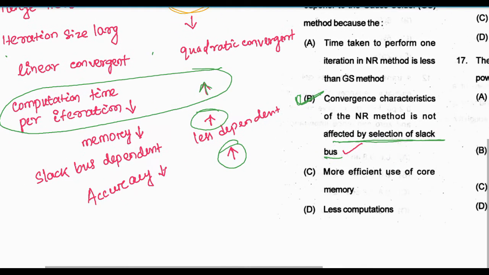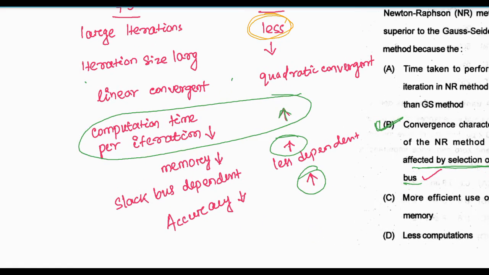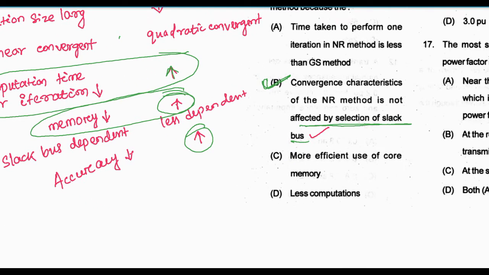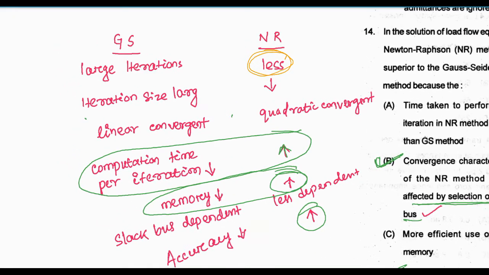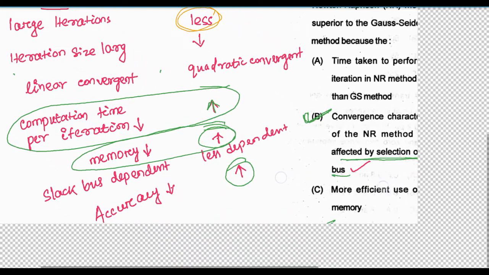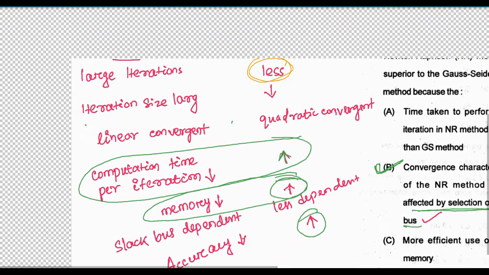And next is option C, more efficient use of core memory. Here I have already written that Gauss-Seidel method requires less memory than Newton-Raphson method, so Newton-Raphson method is not superior. Last is less computations. Computations are actually not less; they are more complicated than those of Gauss-Seidel method.